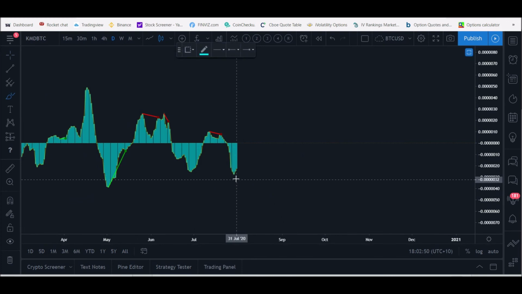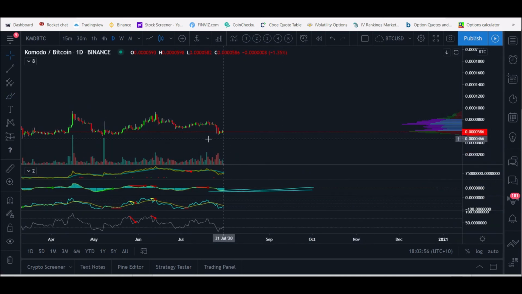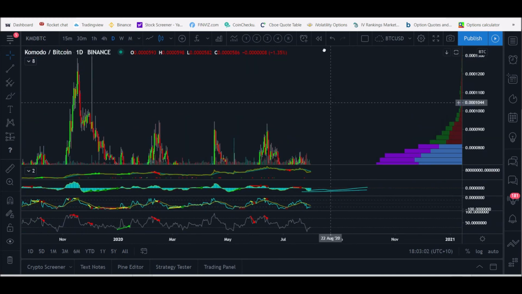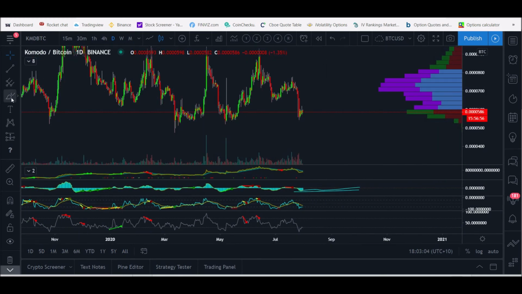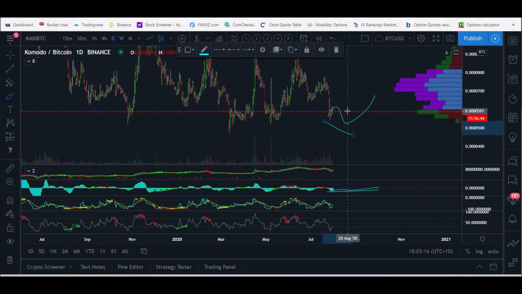So I would like to see something like this, where we can get some sort of bullish divergence in there. Maybe price comes back down to kind of fake this dump here. So price could roll over, make a lower low. So if we get a lower low in price, but we get a lower high in our histogram, that's some nice bullish divergence there.